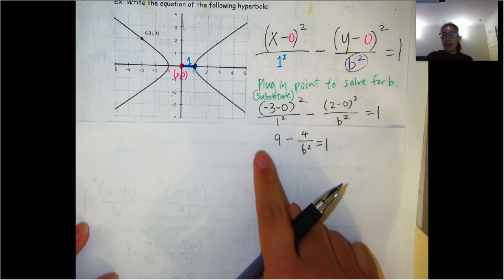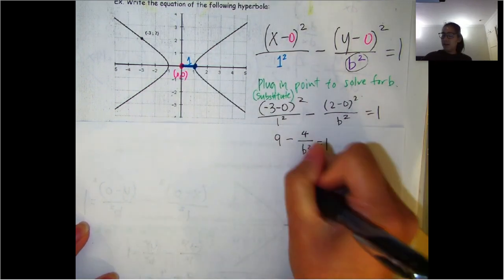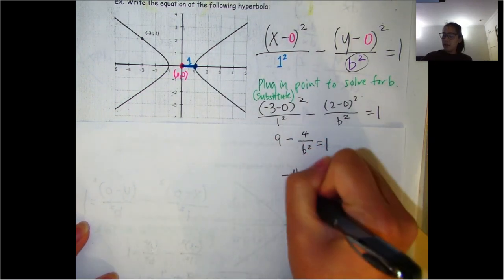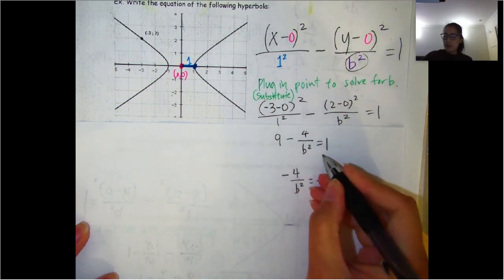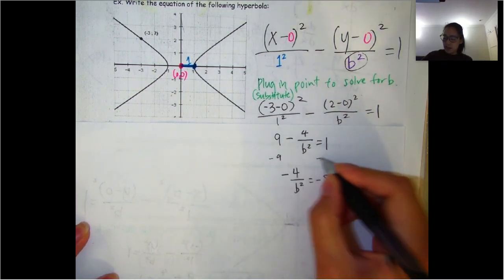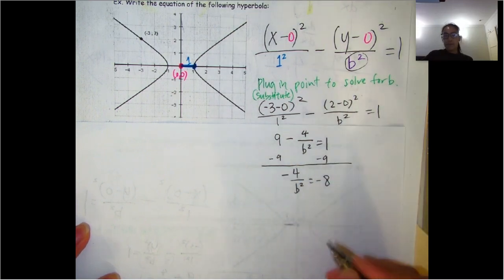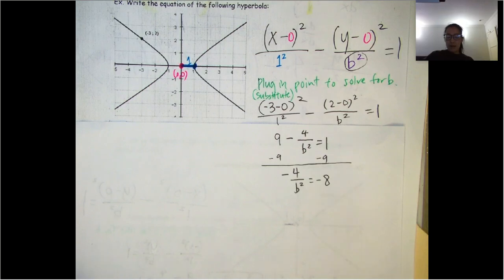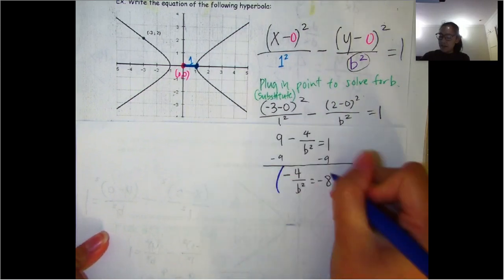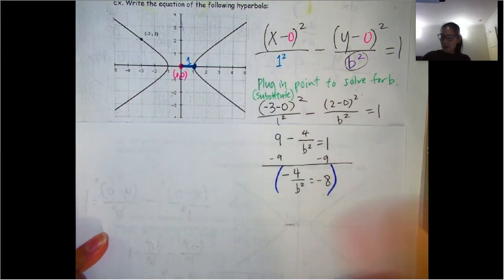So let's subtract that 9 from both sides. So we have -4 over b squared equals -8. That's from subtracting the 9 from both sides. Okay, so 1 minus 9. All right, we're going to multiply both sides by b squared. We're multiplying both sides by b squared because it's in the denominator, and I want to bring it to the numerator.